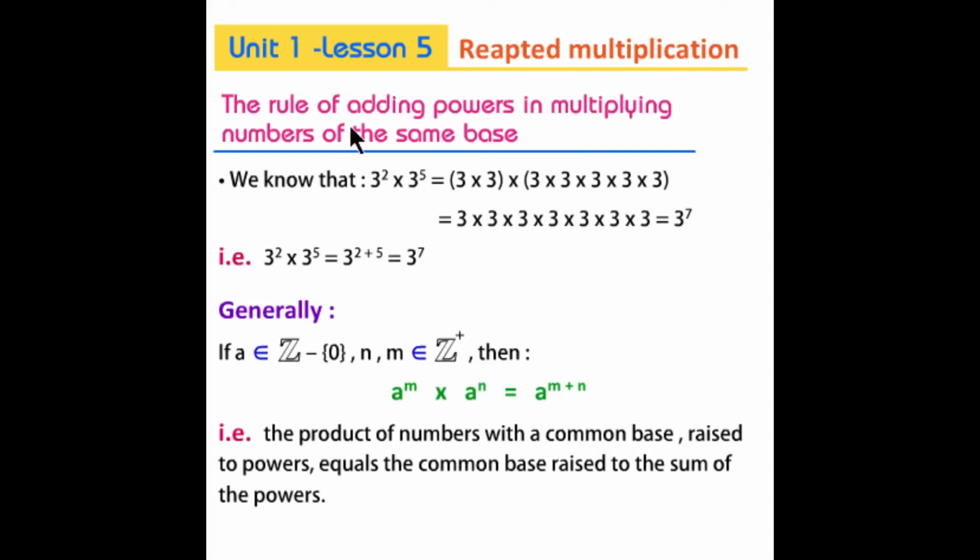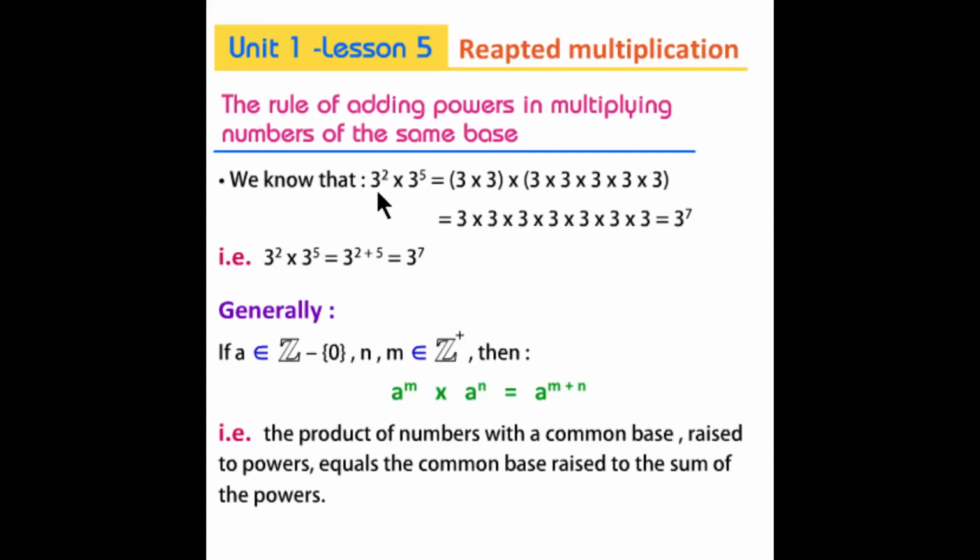The rule of adding powers in multiplying numbers of the same base. We know that 3 to the power 2 times 3 to the power 5.